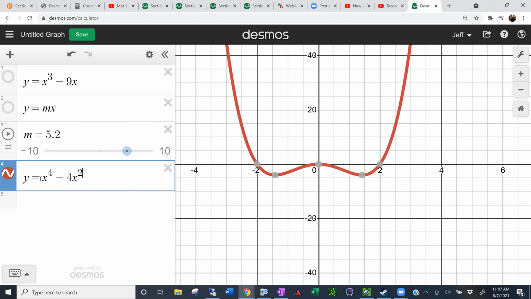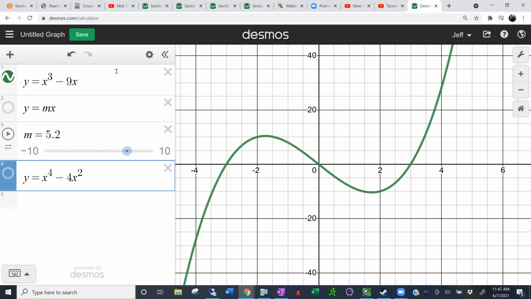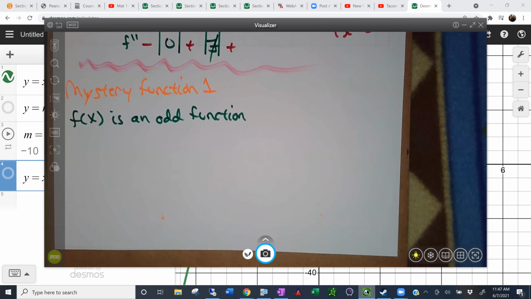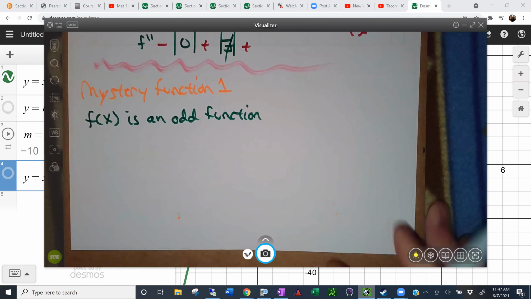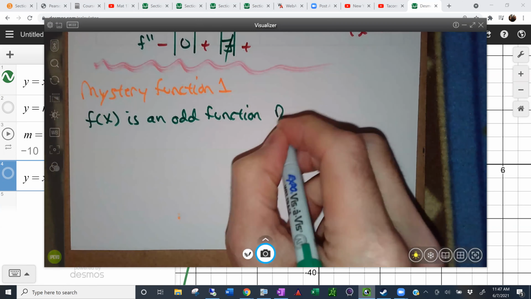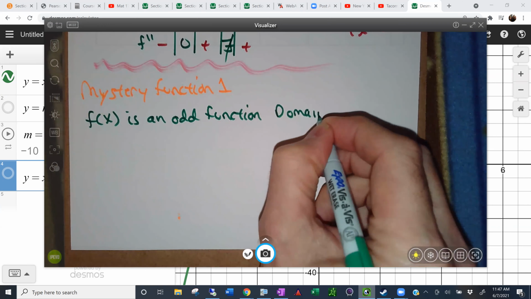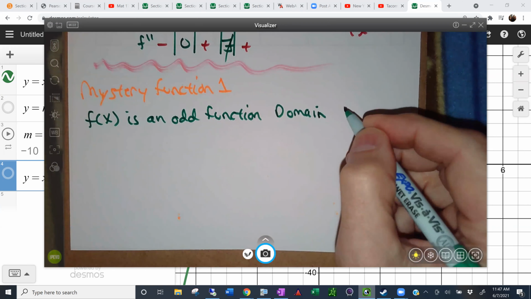Beautiful, nice and symmetric. You can see and appreciate that easier. Odd symmetry, not as easy to appreciate. All right, so the function's an odd function. That's one thing I'll tell you about it. Its domain is from -2 to 2.